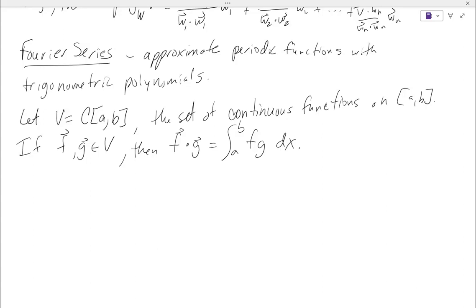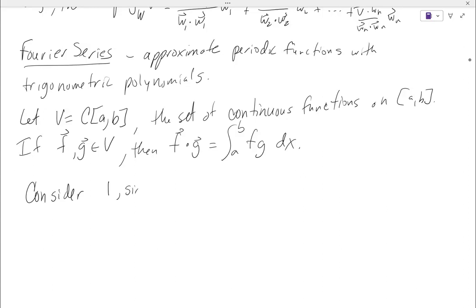So when we say a trig polynomial, what we mean is that we're going to consider these functions. I'll start with a constant function 1.